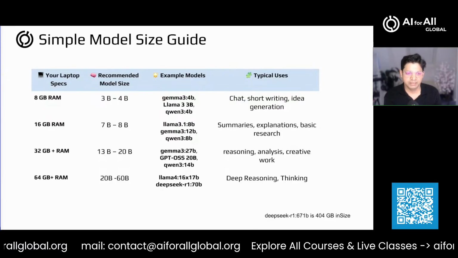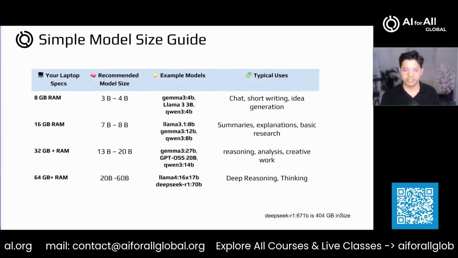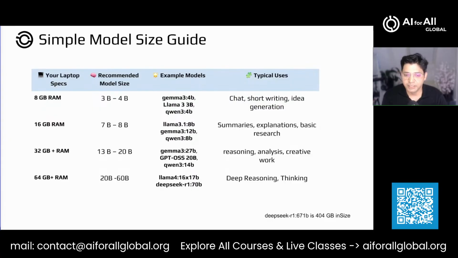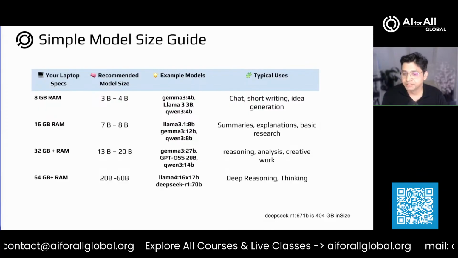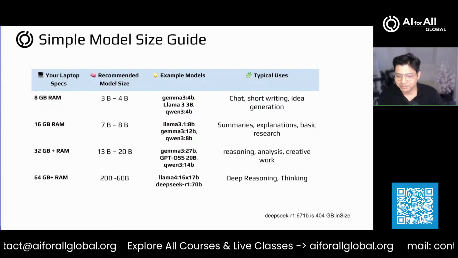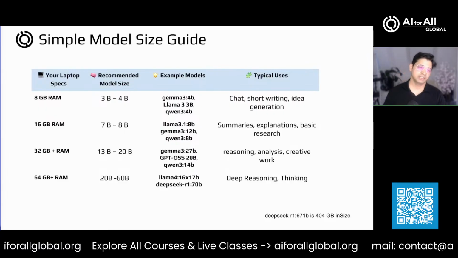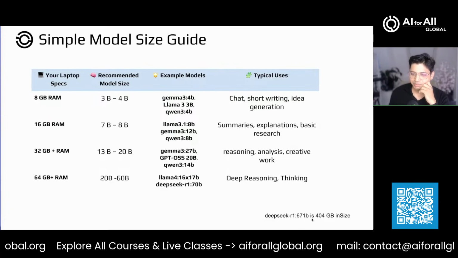After this size, if you are into serious work wherein you want to run a serious model, then you can go for Llama 4 or DeepSeek R1 70 billion, and so on. The largest open source model currently available on Ollama is DeepSeek R1 671 billion size.